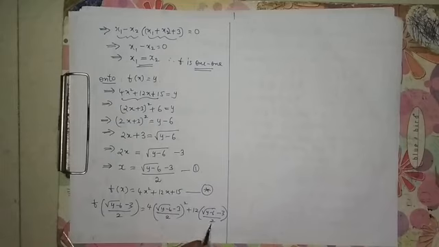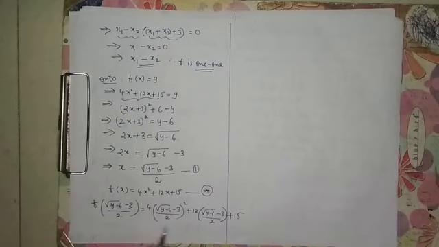Plus 15. Any this 2 one time, 12 at the time, that will be 6 times. Again here, 2 square, so this will be 4.